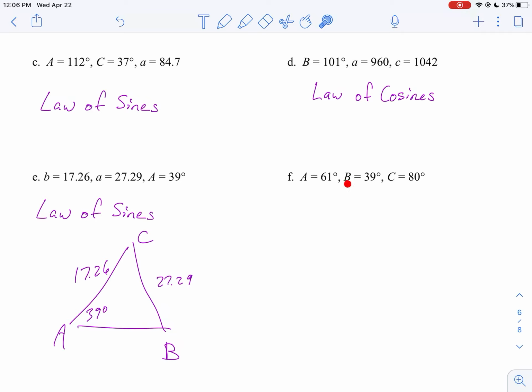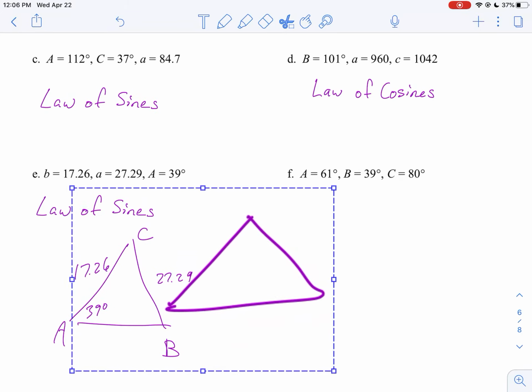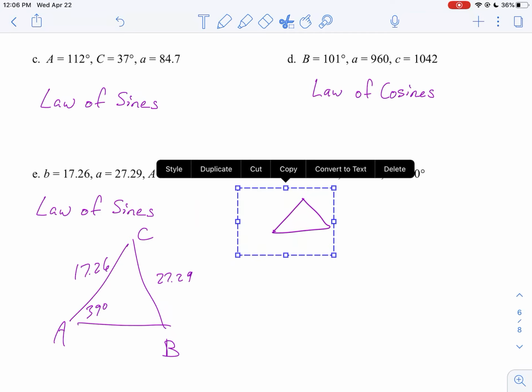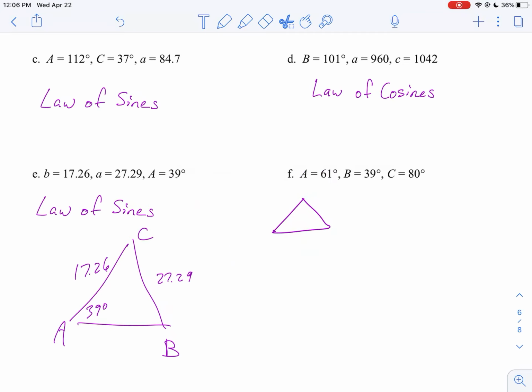All right, let's take a look at the last one here. Notice the last one we have only angles. You might be thinking, oh, no pairs, so it must be the law of sines. But this is a little tricky. If I have a triangle, you'll notice these angles won't change as I make the triangle bigger and smaller. The angles of the triangle aren't changing, but the size is.